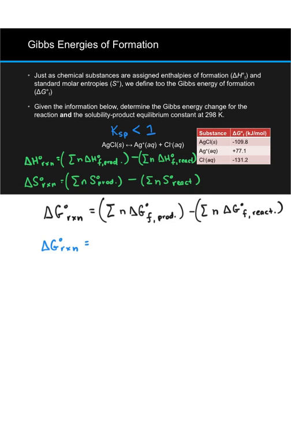So, if we calculate the standard Gibbs energy of reaction from our Gibbs energies of formation of each of our products and reactants, it'll look like this.